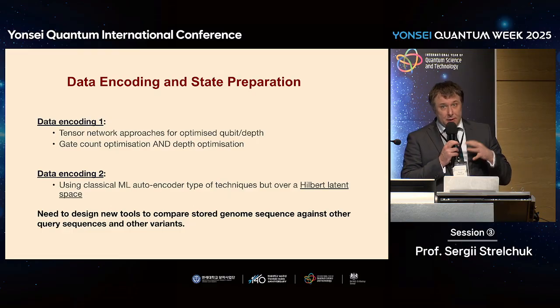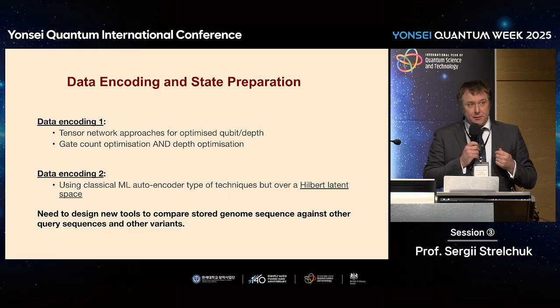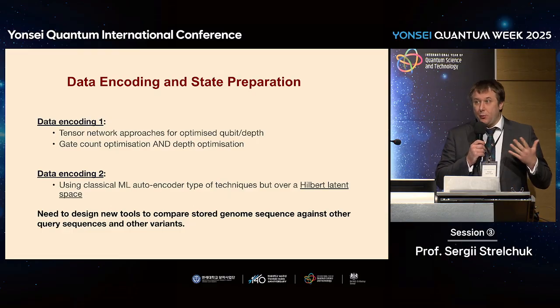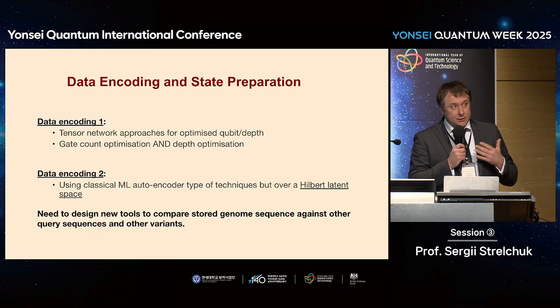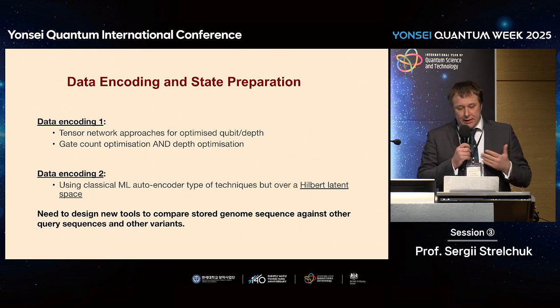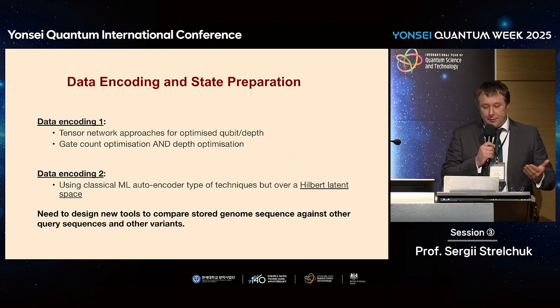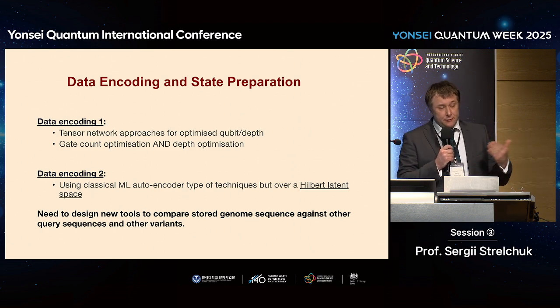As part of this big consortium, we've been thinking about two different ways of encoding. One is so-called tensor network approaches that allow us to optimize the number of qubits and depth of the encoding circuit.